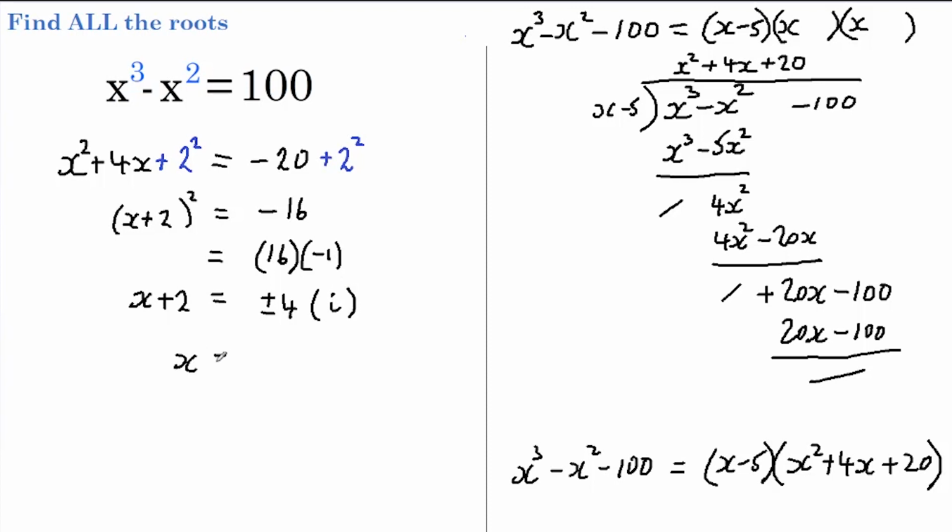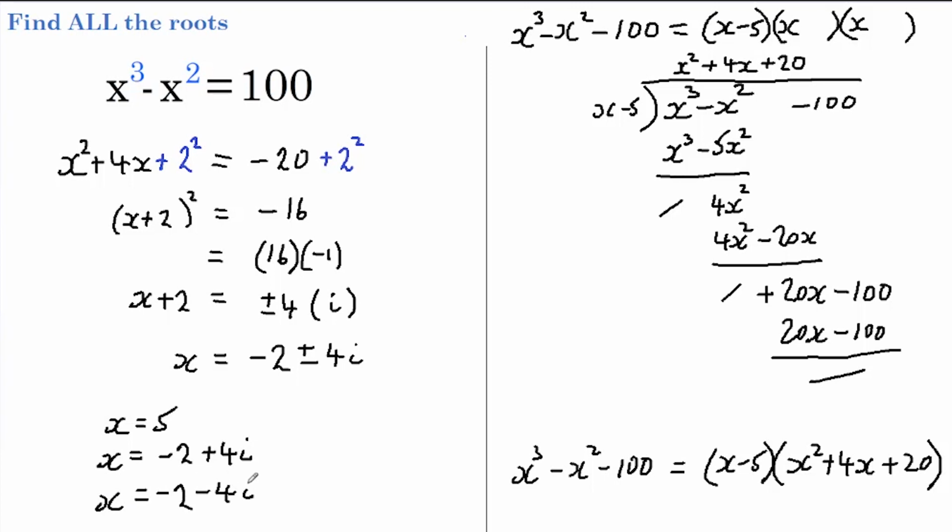X therefore equals negative 2 plus or minus 4i. And we now have all the solutions to this equation. X can equal 5, x can equal negative 2 plus 4i, or x can equal negative 2 minus 4i. And they are your solutions.